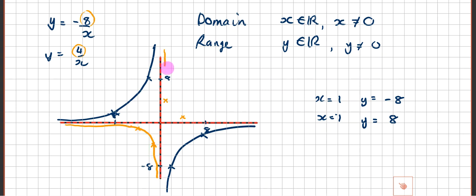So what happens when the numerator gets larger? Well, if you think about it, this one is times 2, and what do you apply as a transformation if you times by 2? Stretch. A stretch, and that's basically what's happened, isn't it? It's all stretched out.